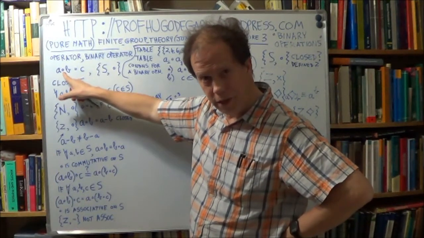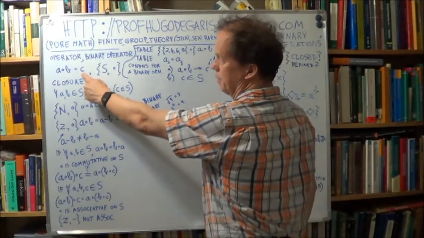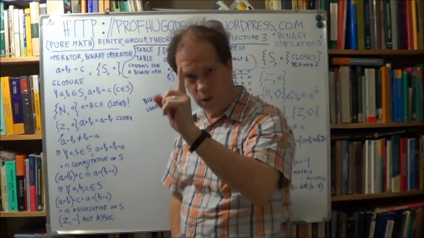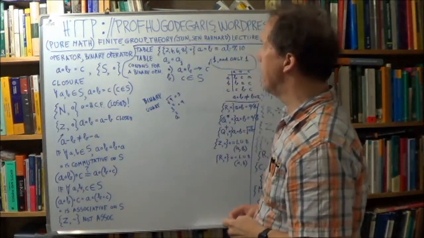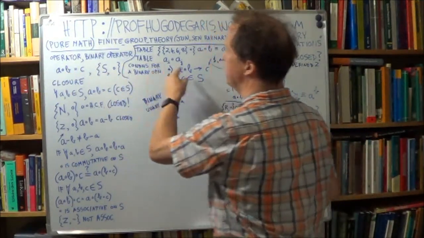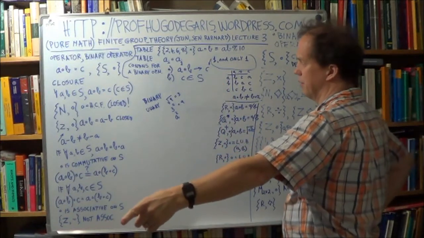So for it to be defined, there has to be one and only one result of the operation. Okay? Alright, so that's the two main conditions for a binary operation.